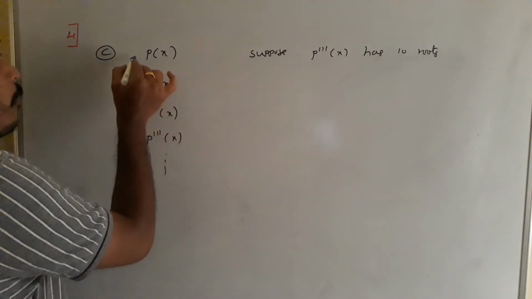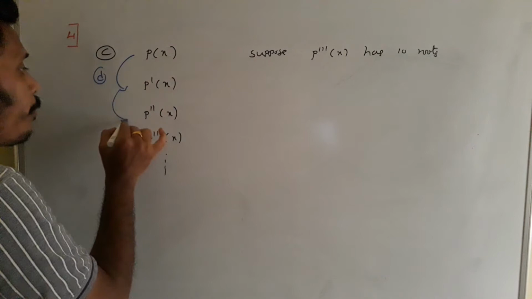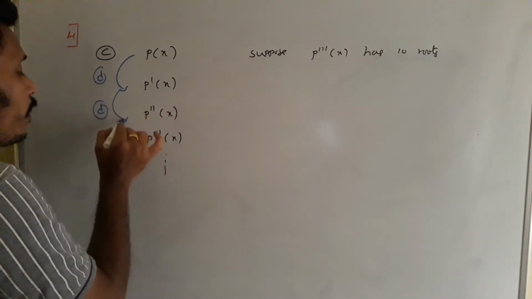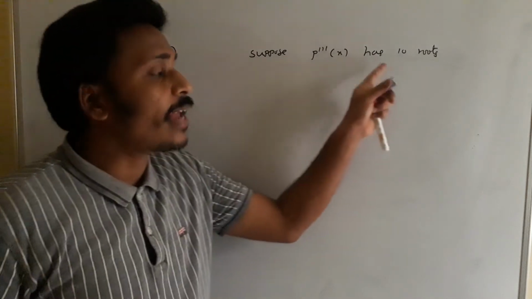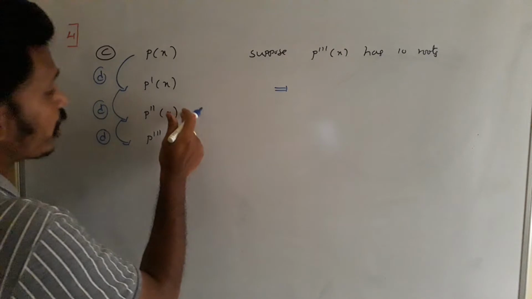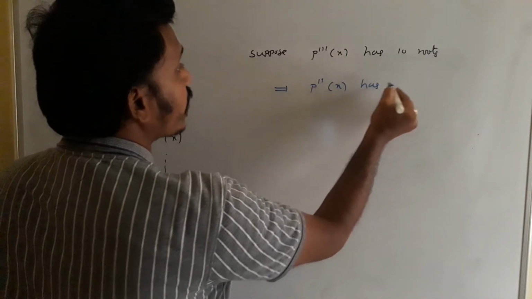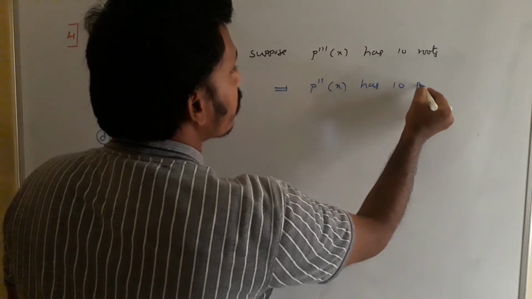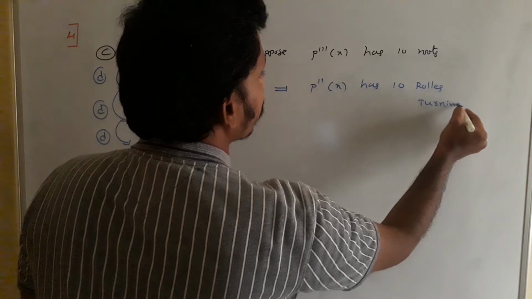We know the derivative of P of x is P dash, the derivative of P dash is P double dash, the derivative of P double dash is P triple dash. If this P triple dash of x has 10 roots, it means that its before function P double dash of x has 10 turnings.